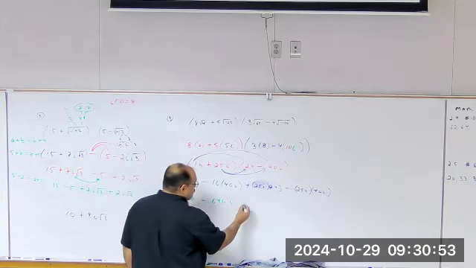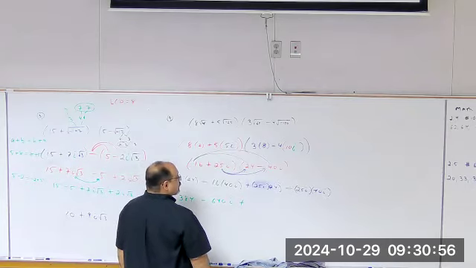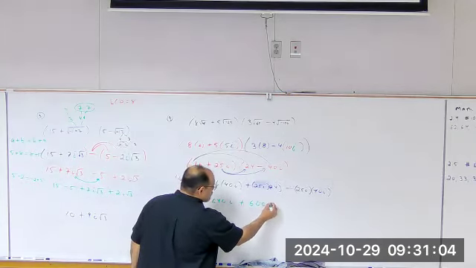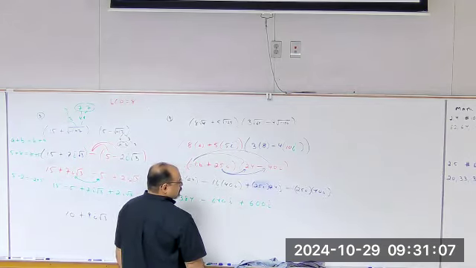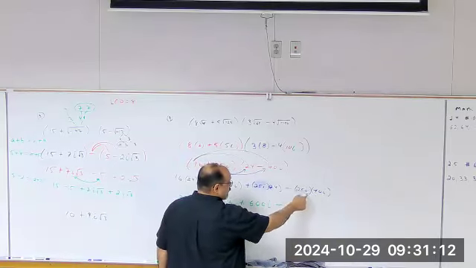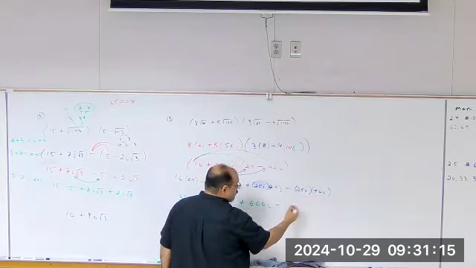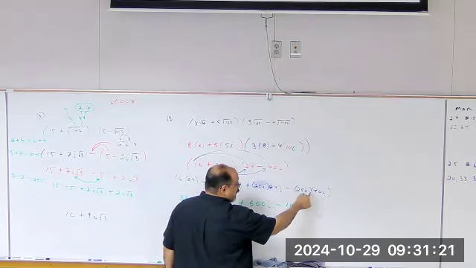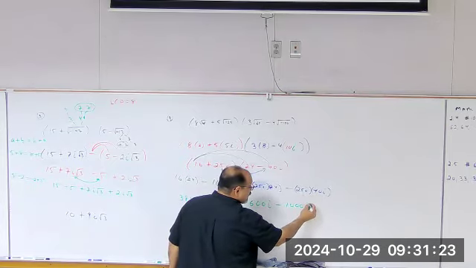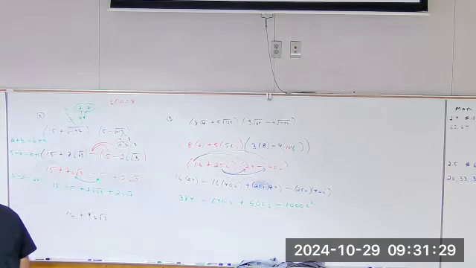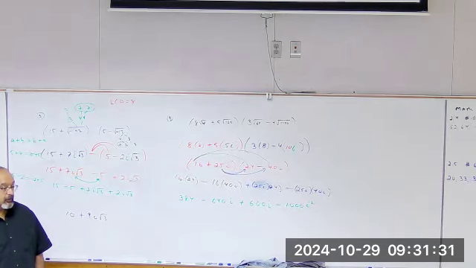And then this is going to be plus 600i. And that's going to be minus 25 times 40 is 1,000 i squared. 25 times 40 is 1,000. i times i is i squared. The i squared is really important there.